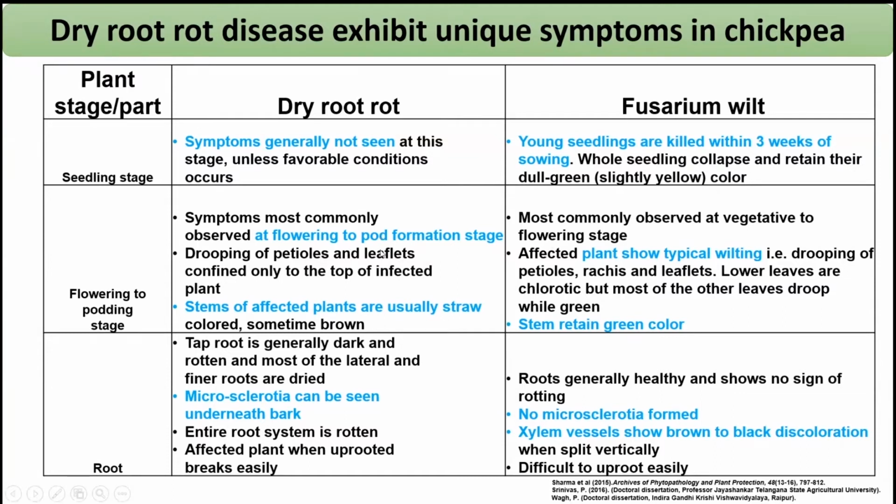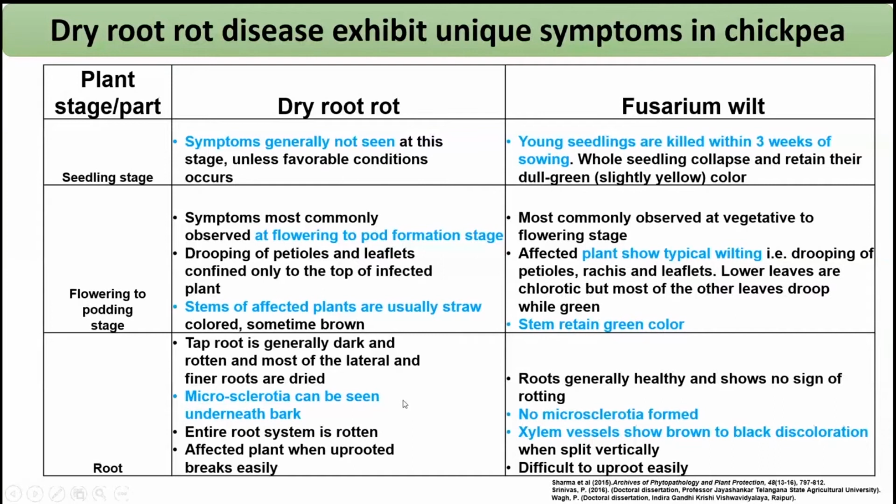Second, the dry root rot disease symptoms appear most predominantly at the flowering to pod forming stage. The affected plants have straw-colored stem and sometimes brown. But in case of Fusarium wilt, the affected plants will show typical wilting and the stem retains the green color.